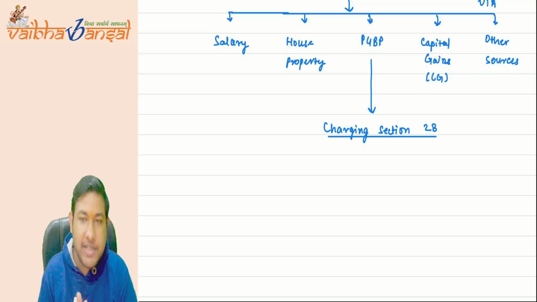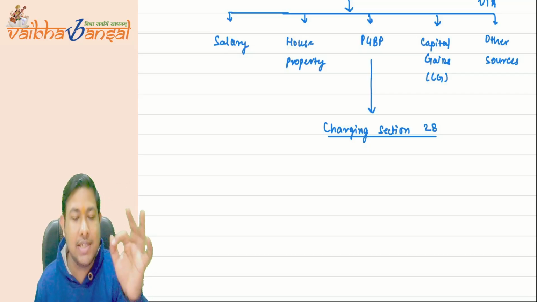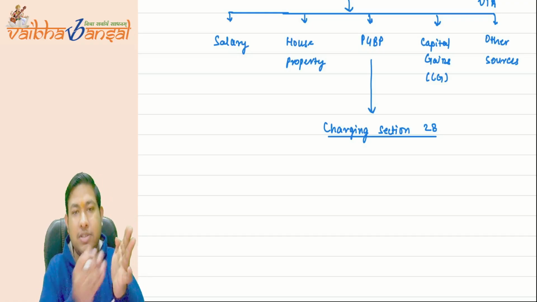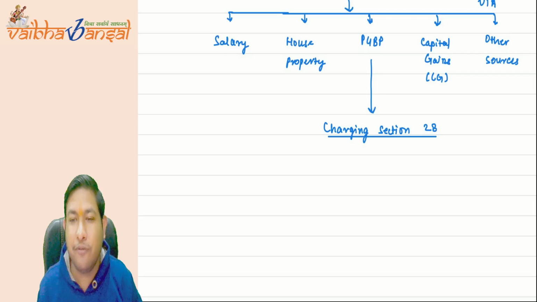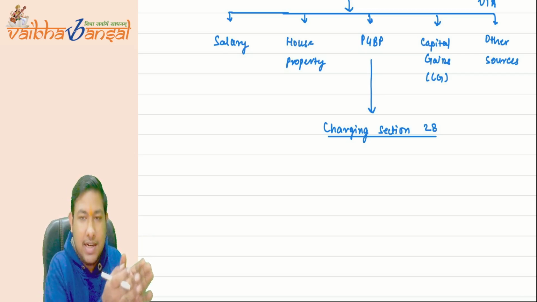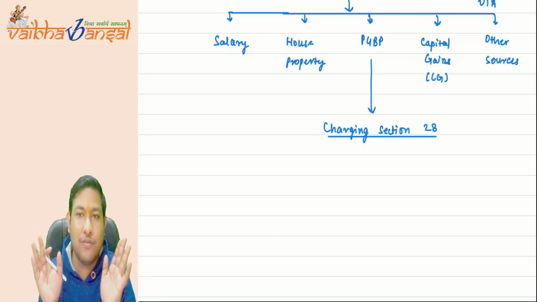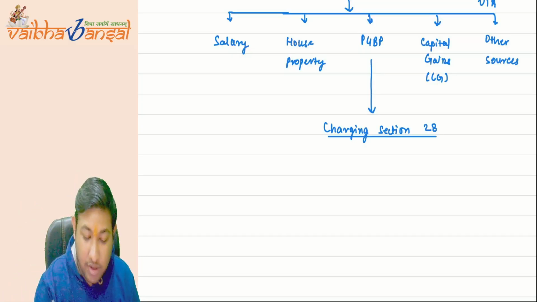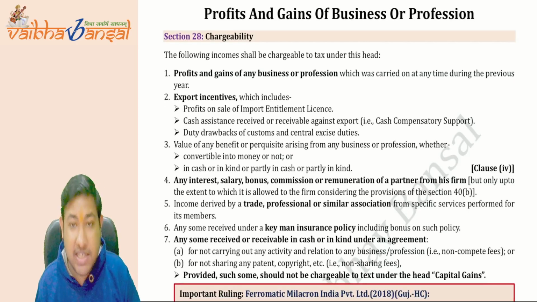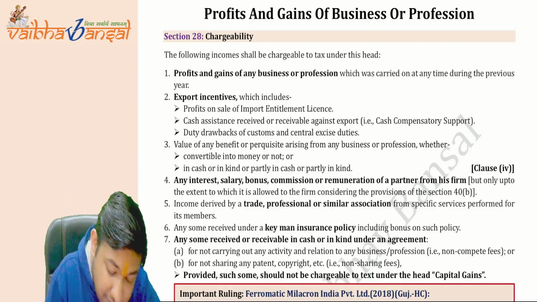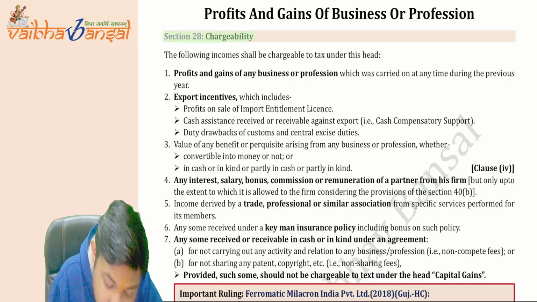Now the PGBP chapter says that the charging section of this chapter is 28. Usually the PGBP chapter goes from section number 28 to section number 44. The inside sections are different, but the section range is from 28 to 44. Profits and gains of business or profession: the first section is chargeability.